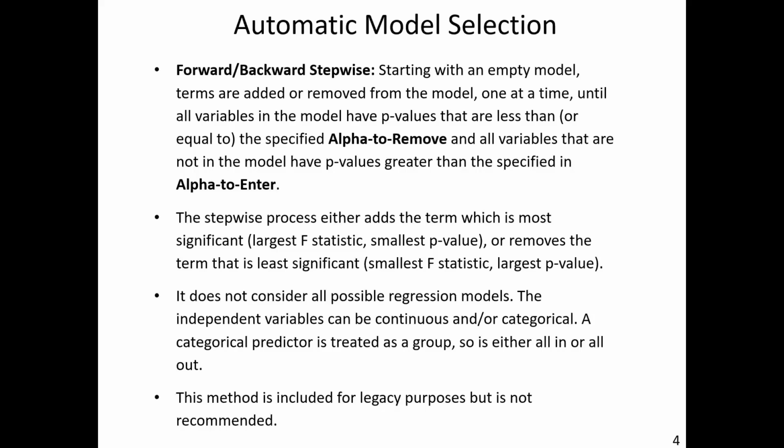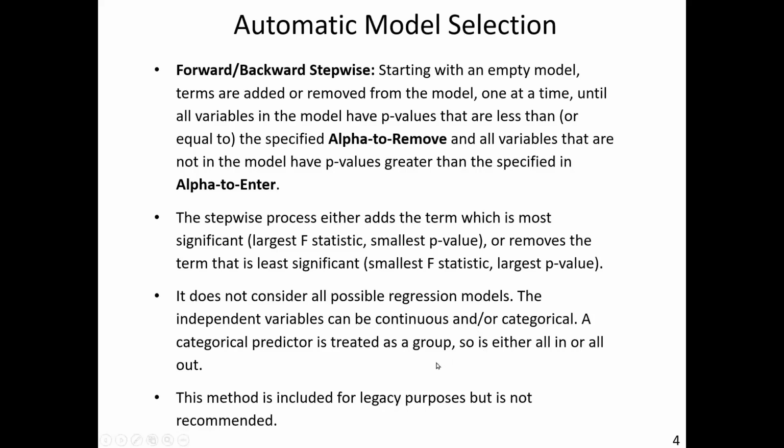So the stepwise process either adds the term which is most significant or removes the term that is least significant in the process. It does not consider all possible regression models, so that's one disadvantage of the method.